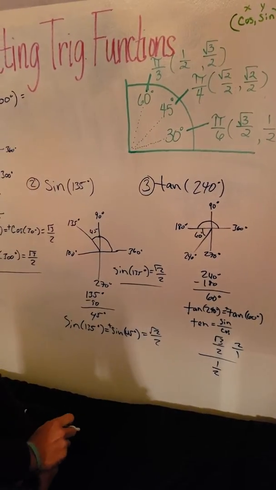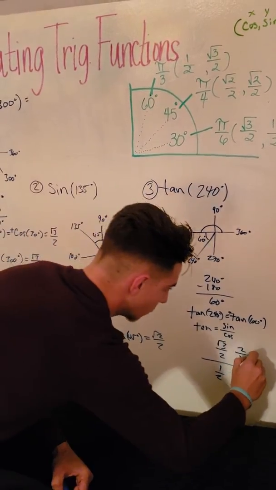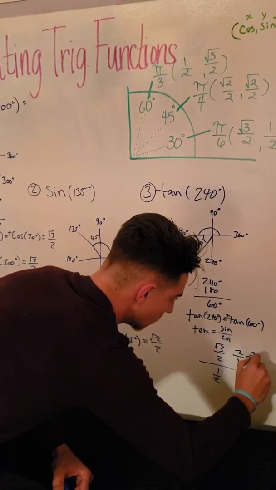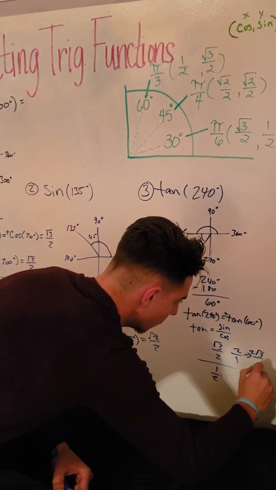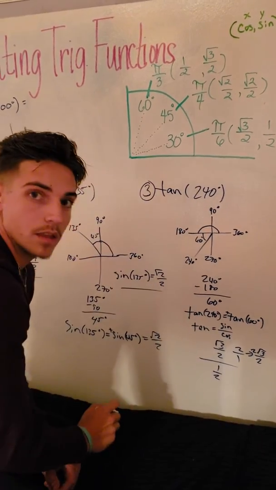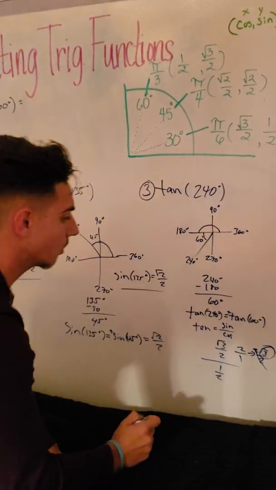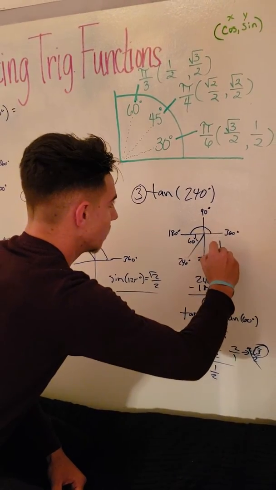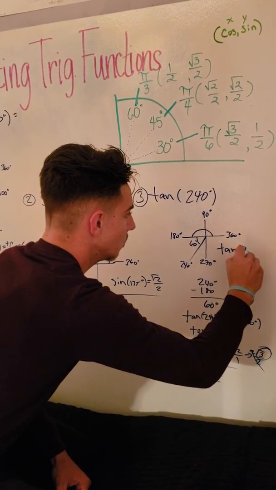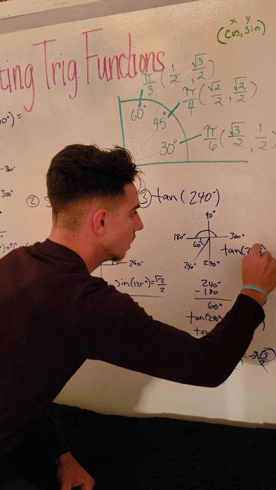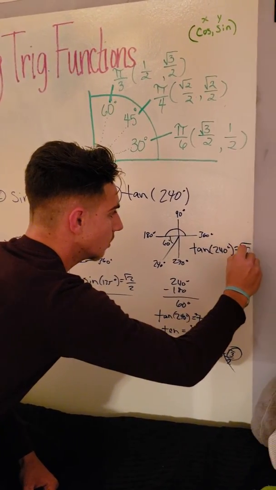And then we are going to cross multiply, which then leads us to 2 square root 3 over 2. Then these 2's cancel out, which leaves us the square root of 3. So we know that the tangent of 240 degrees equals the square root of 3.